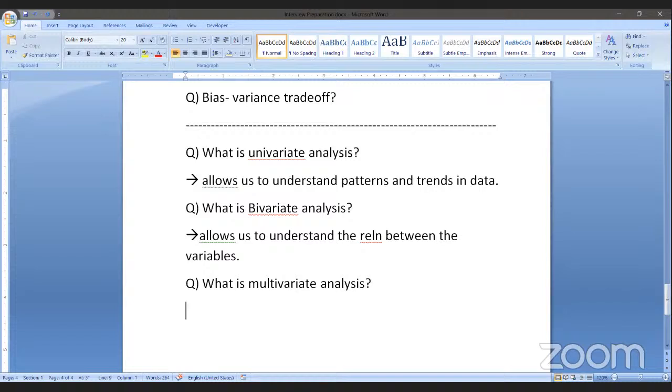Yeah, Power, correct. So multivariate is when we have more than two variables and we analyze the data. It is known as multivariate. So this allows us to, let me write down, understand the effect of all other variables on a single variable.